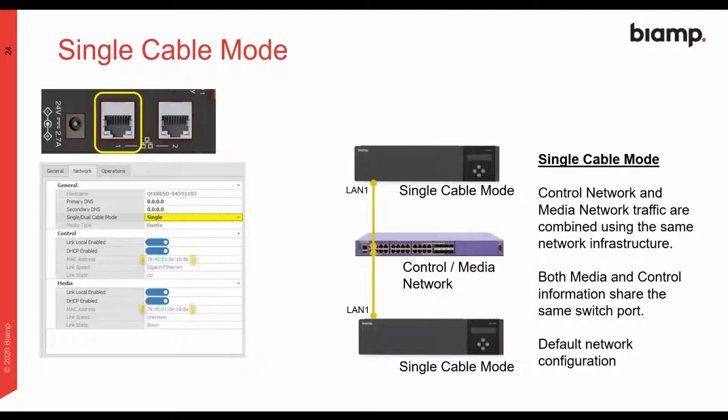So as I'm looking at in this view, the way the network ports would look in single cable mode, we can see that there are 2 MAC addresses and 2 IP addresses seen behind port 1.